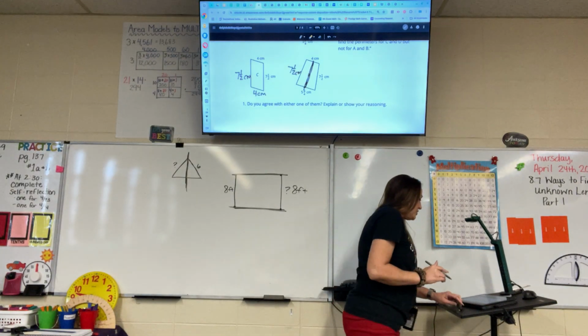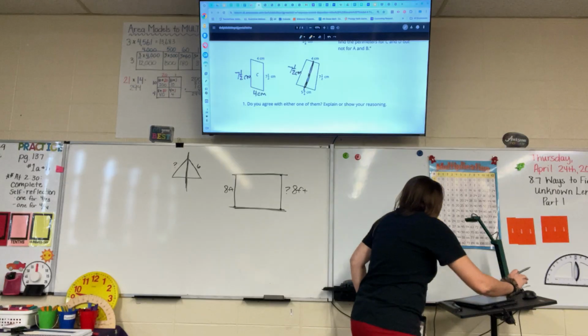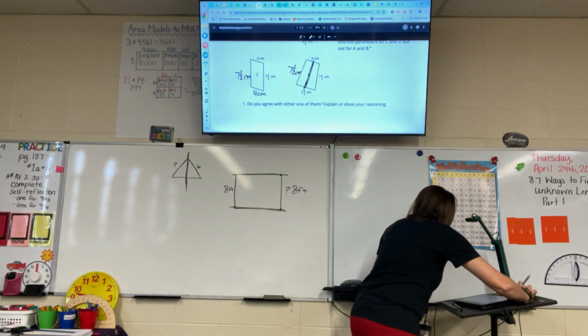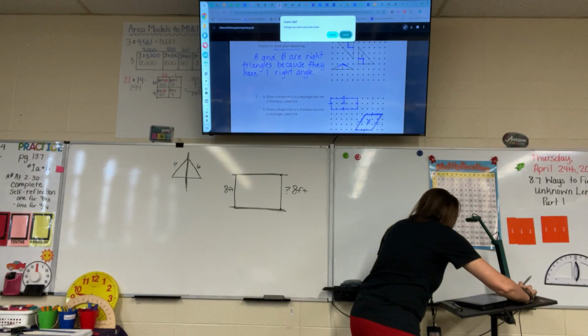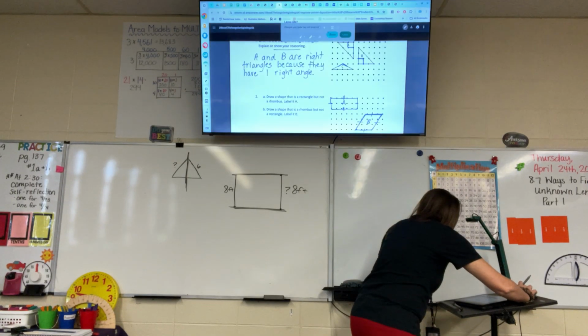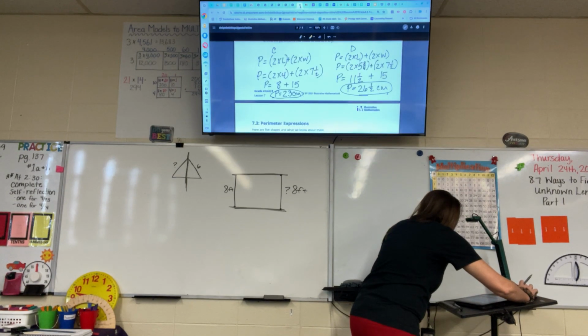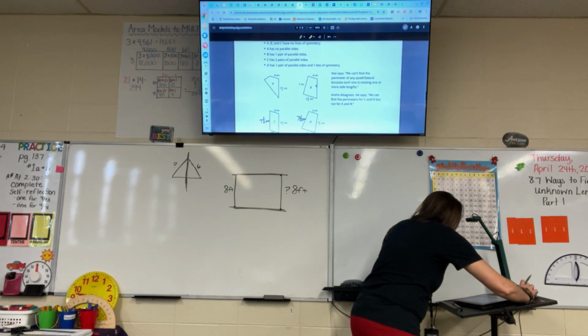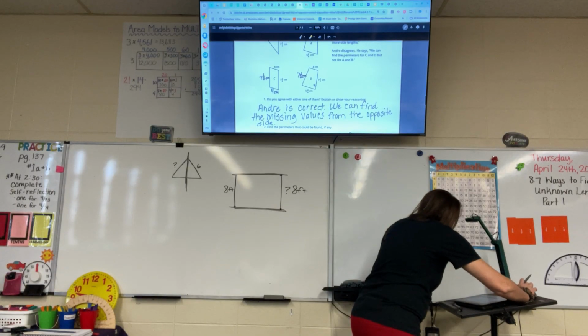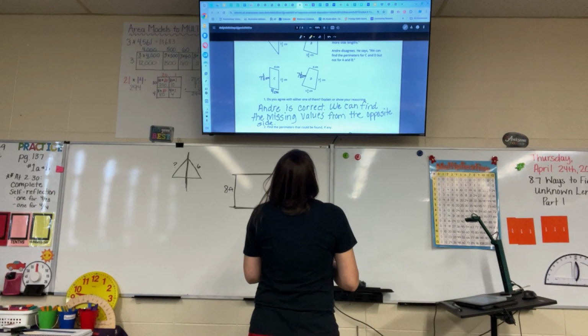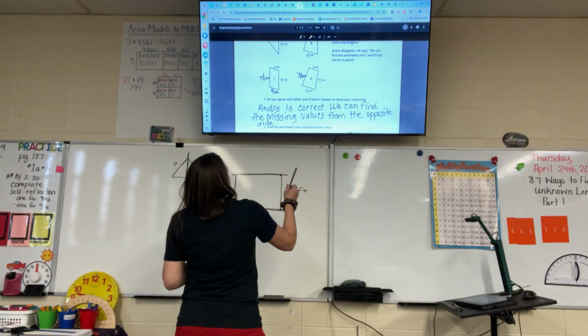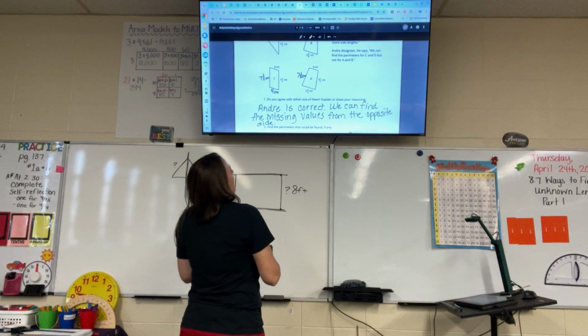Do you agree with either of them? Explain or show your reasoning. So we're going to agree with Andre. Andre is correct. We can find the missing values from the opposite side.